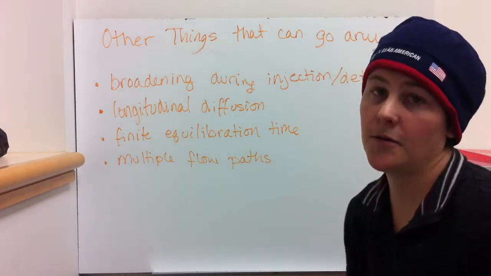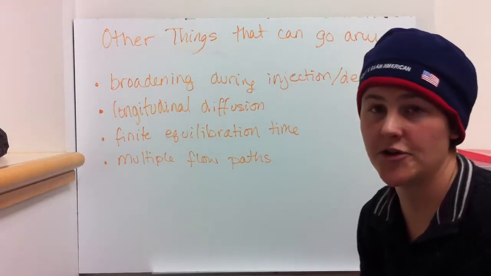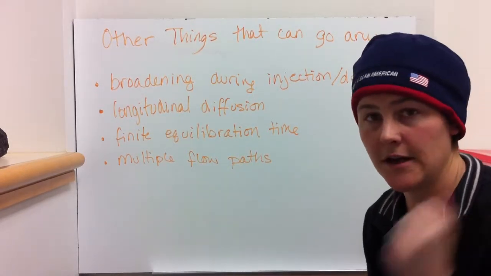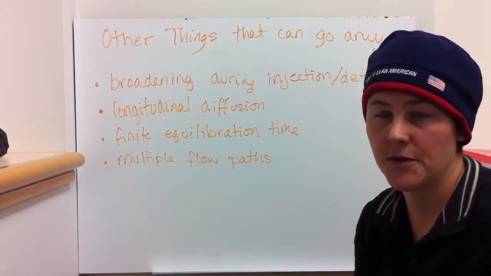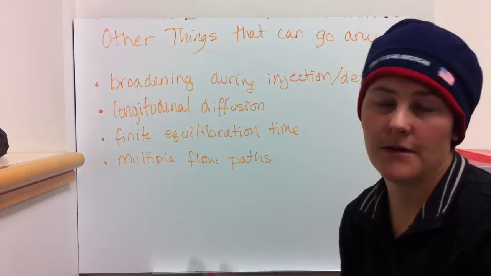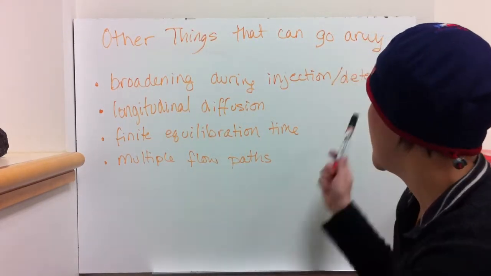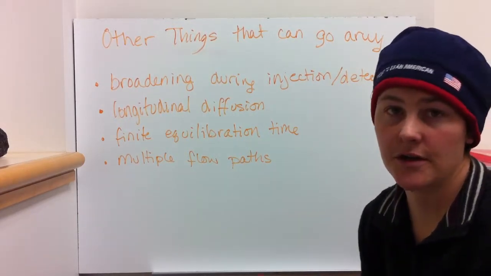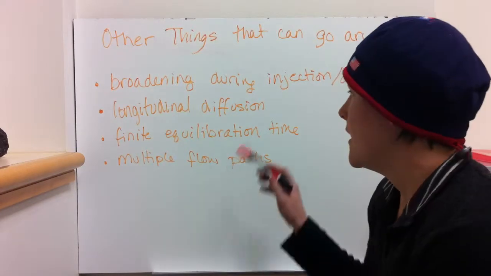All right, so there's a couple more things that can go wrong. You can have broadening during injection, like if you don't get it all in at the same time, like there's some finite amount of time that you are depressing the plunger on your syringe, or the injector is sucking up and injecting solution. And you can also have that during detection. So it doesn't always necessarily happen in the column.